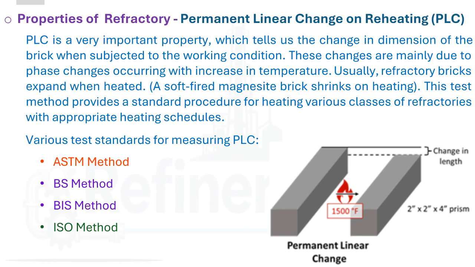Because each standard uses different heating rates and hold times, and that directly affects how the material reacts. This is why it is essential to always specify which standard's PLC values you are using when comparing materials. In short, PLC testing ensures that engineers can design furnace linings that safely accommodate expansion and avoid costly failures.